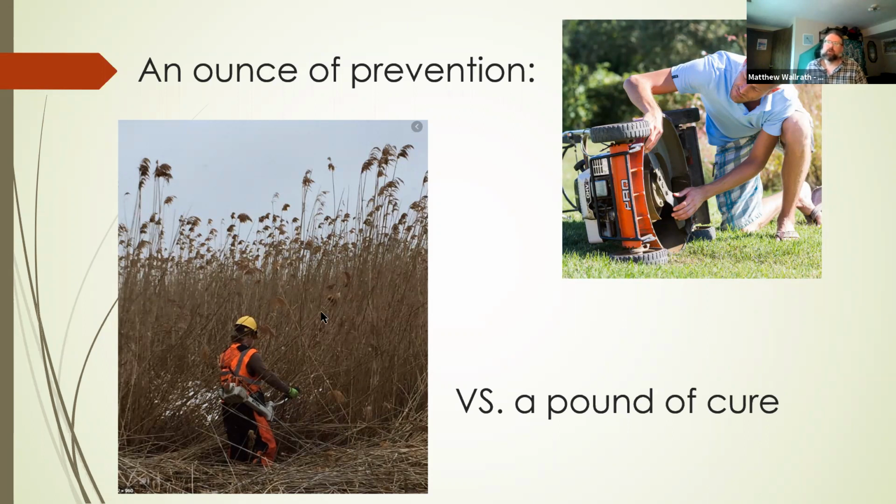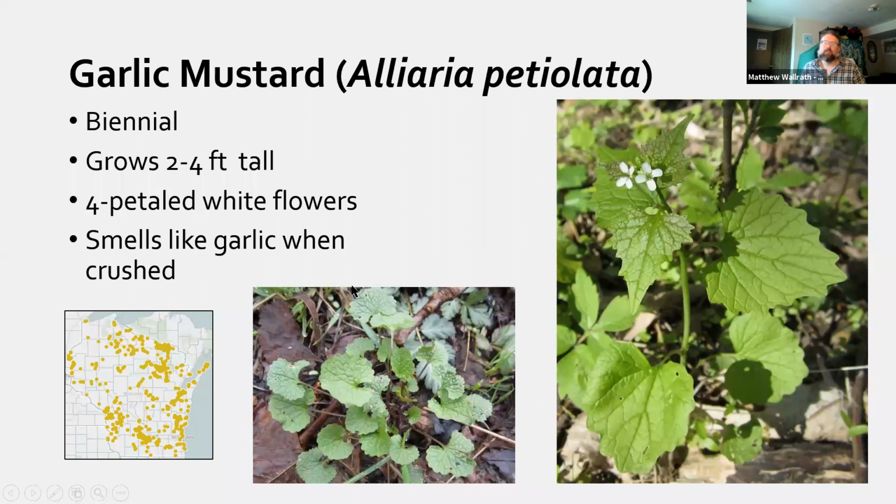So as we go through our species, I thought we'd start with a real common one. You'll see this everywhere. As you can see on this map, it is quite common. So garlic mustard, it's a small biennial, means that it lives for 2 years. It sets seeds in the 2nd year. It smells like garlic. It's going to be covering our forest floors once it gets established.